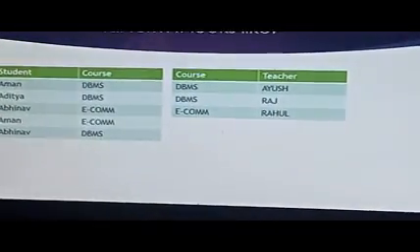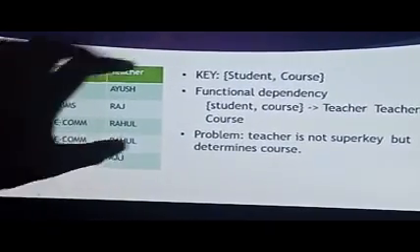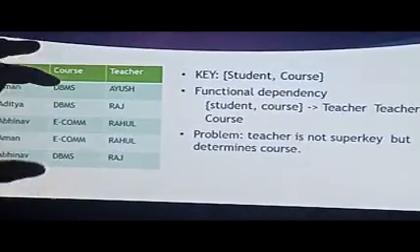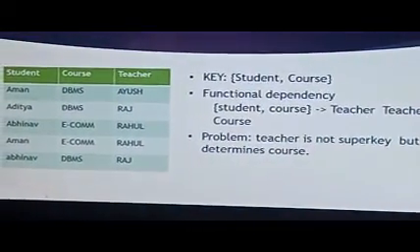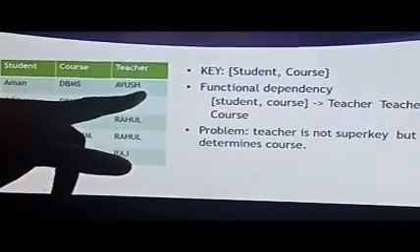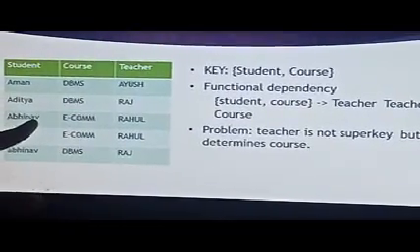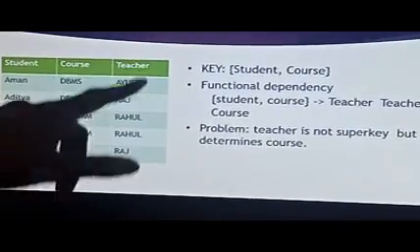Here you can see that the teacher doesn't completely depend on the student or the course. Based on that you can define it as a separate table. There is a chance that teacher Ayush can also handle Abhinav for DBMS, so that doesn't completely depend on the student and course.